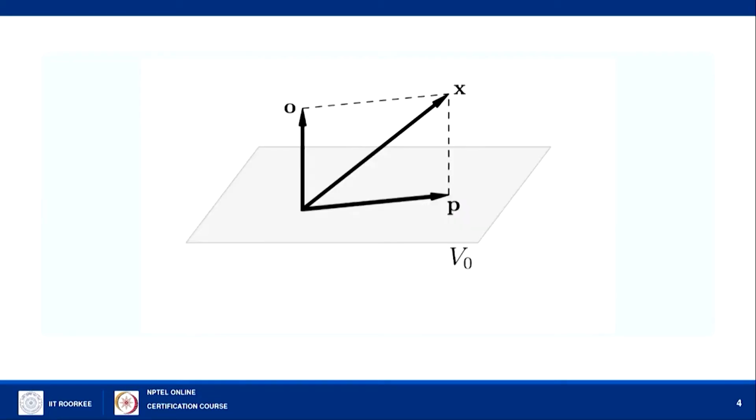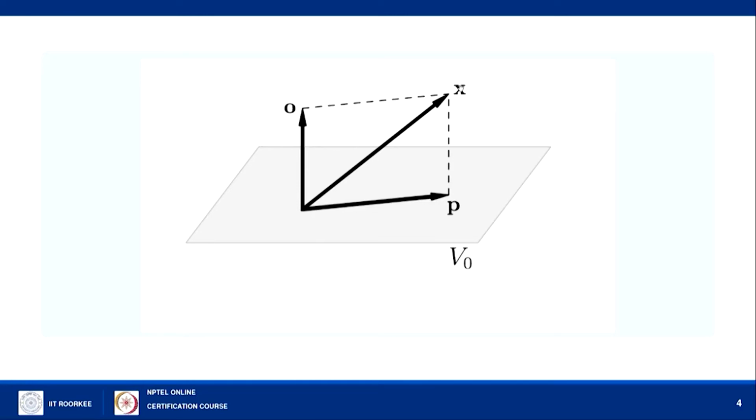You can see this in the graphic. You have this vector x and this is the subspace V0. What is p? p is the component of x in subspace V0 and o is the perpendicular component.